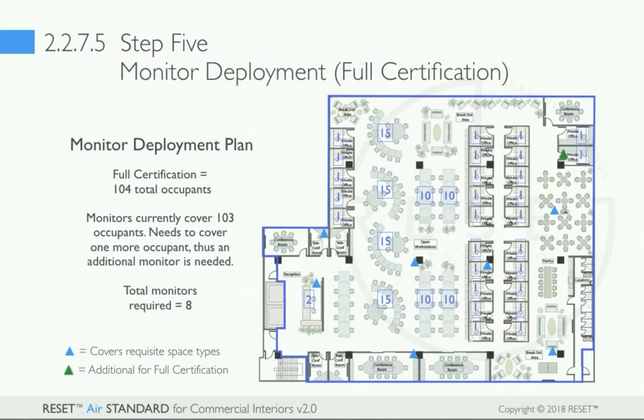So monitors currently cover 103 occupants, and that was due to my requisite space type deployment indicated by the blue triangles. But in order to cover 104 occupants, I need to cover one more individual. Therefore, an additional monitor is needed, and you'll see that with the green monitor. Now I can place that monitor wherever I see fit as long as I increase the number from 103 to 104 occupants total.